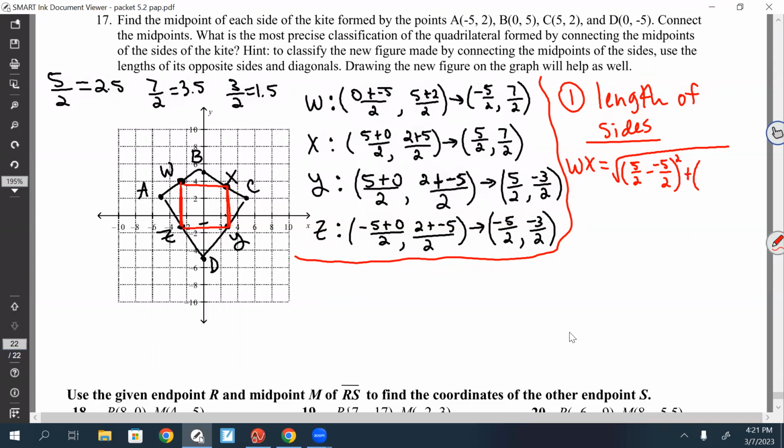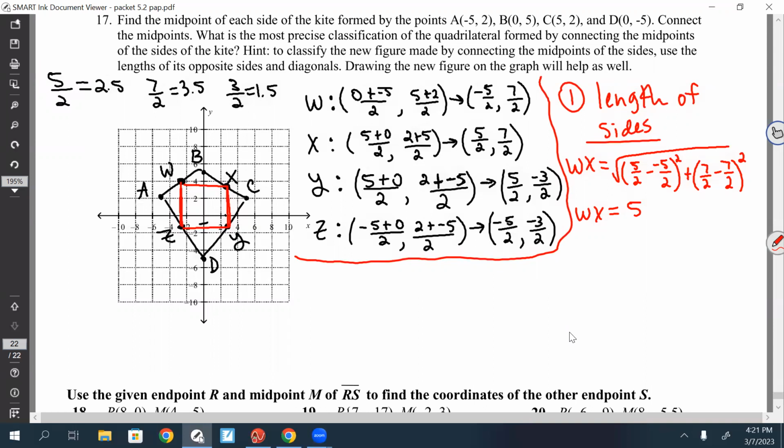So we're going to do the X one, so 7/2, minus, and then do the Y value for W, +7/2. And then you can just type this into your calculator. And you will find the length of WX should come out to be 5. So the length of WX will be 5.